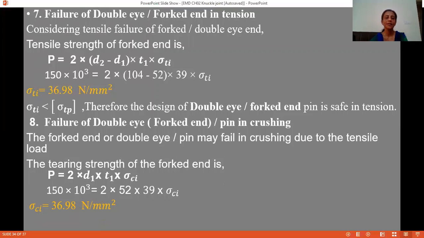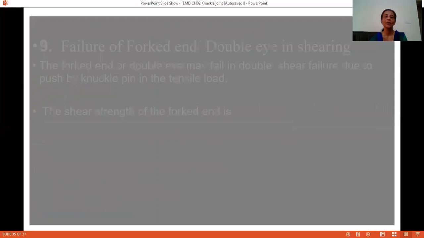After substituting the values of P, d1, t1, we can easily find crushing stress induced in the pin, and here it comes 36.98 Newton per mm square, which is less than the permissible value. Therefore, design of knuckle pin is safe in crushing failure.